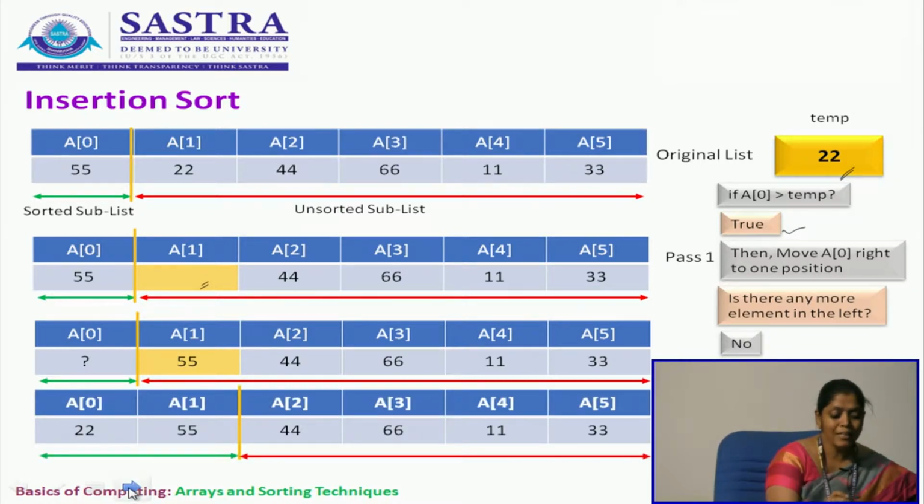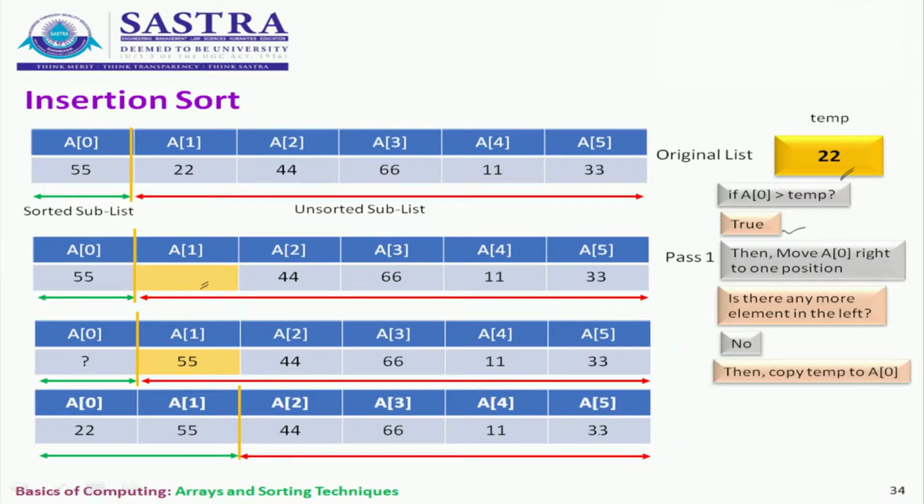So now the array is 22, 55, 44, 66, 11 and 33. That means the first two elements, A of 0 and A of 1, are both in their appropriate positions. Now we can call this green line the sorted sublist, and the rest the unsorted sublist. Once you complete your first pass, you get two elements in their positions.